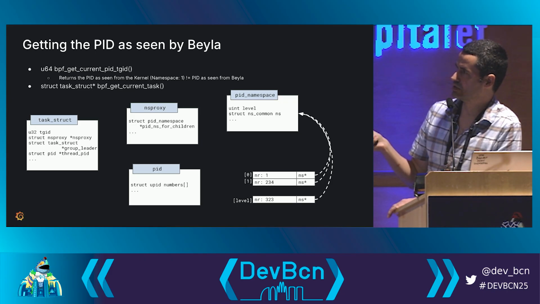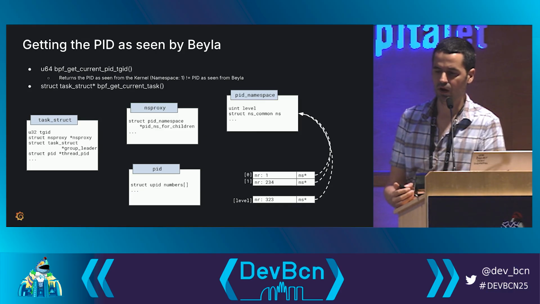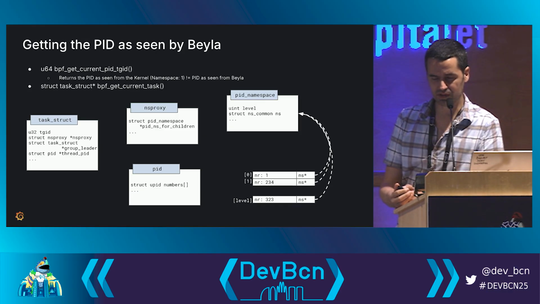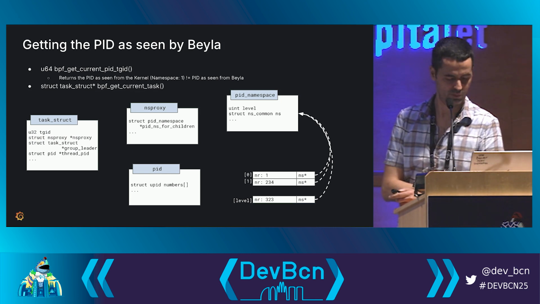This get current task returns the task struct, in which you get a complete map of all your PIDs and all the namespaces for that given process.